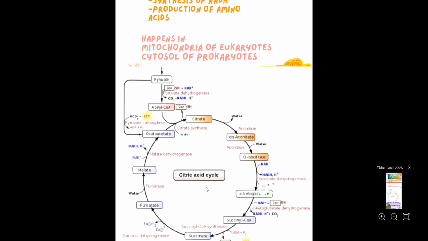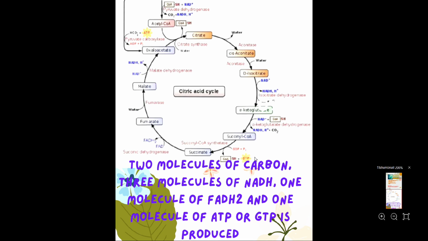We need to know that after glycolysis, the pyruvate will be 2 carbon, which means all these molecules will be multiplied by 2, so 4 molecules of carbon dioxide, 6 molecules of NADH, 2 molecules of FADH2, and 2 molecules of ATP or GTP will be produced. That's all from me. Thank you.